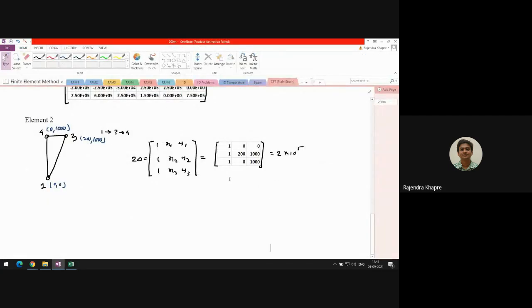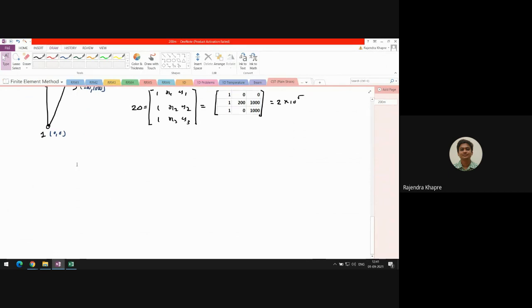B is nothing but your strain displacement matrix. For this particular element we should get B equals 1 upon 2 times delta, which is nothing but 2 into 10 to the power minus 5.